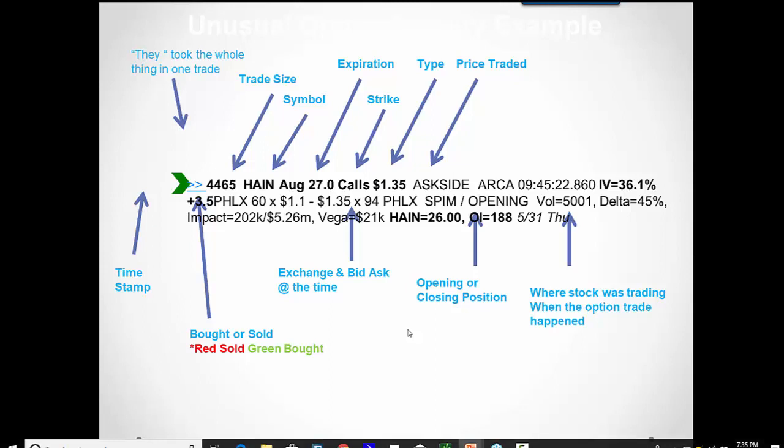So if we broke down this trade, a trader bought 4,465, so this is the right but not obligation to buy 446,000 shares of Hain Celestial between now and August expiration, and for this right they paid $1.35. Okay, so it is about a $650,000 bet in Hain Celestial. Okay, about a $400,000 bet in Hain Celestial. Okay.